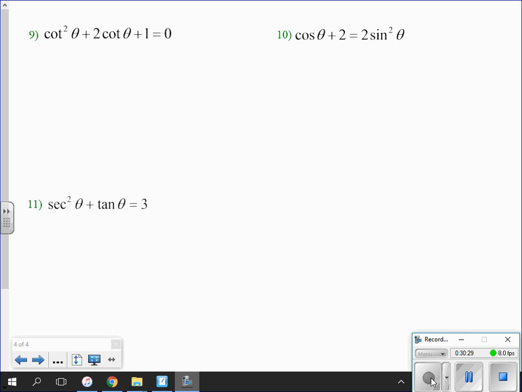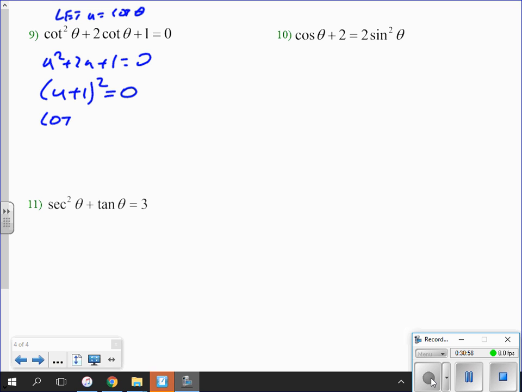Okay, so if you didn't see it right away, once again, like I said, you could let u equal the cotangent of theta, which would give you u squared plus 2u plus 1 is equal to 0. Do you see a quadratic now? Yeah. And this is actually (u plus 1) squared is equal to 0. So put cotangent back in.